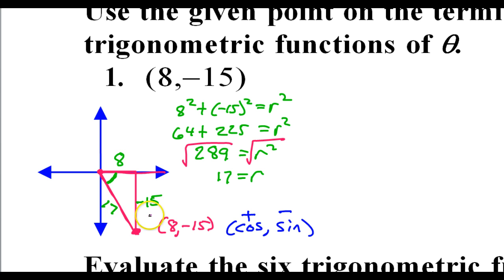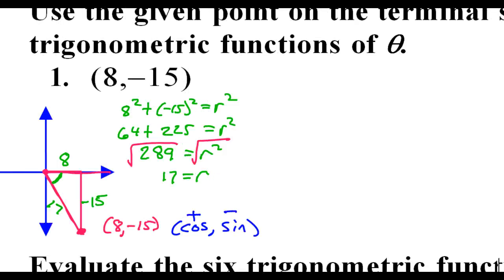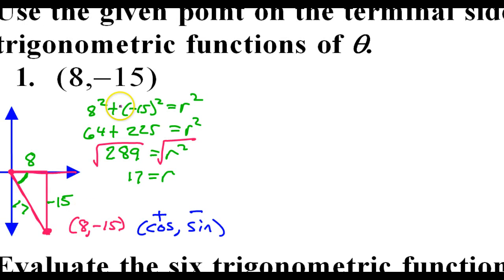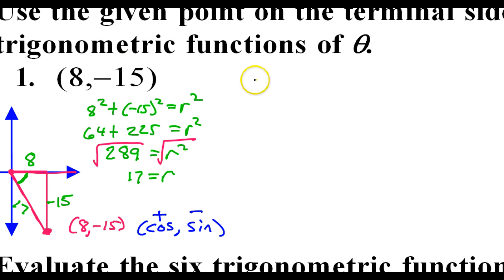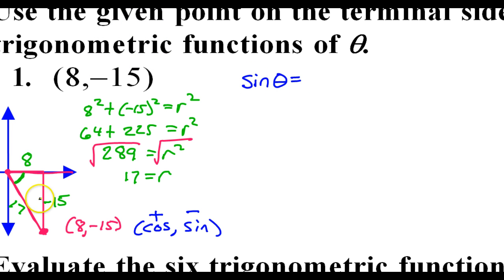Now, armed with all three of these numbers, we should be able to easily make all three trig functions right now. Not all three, all 6. So let's start with our good old sine, cosine, and tangent. Sine is opposite over hypotenuse, so that will be negative 15 over 17.